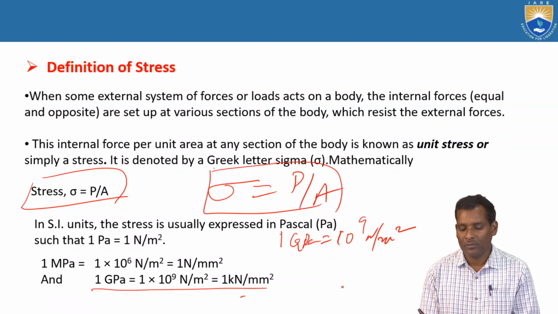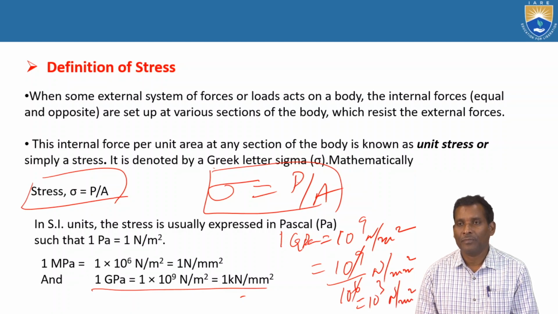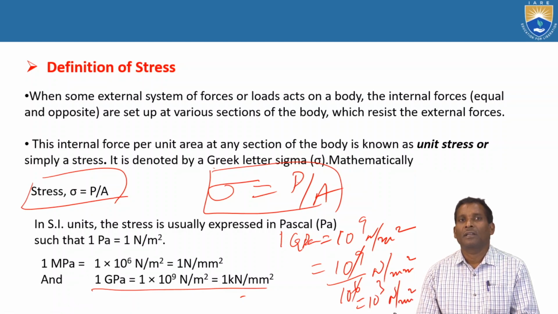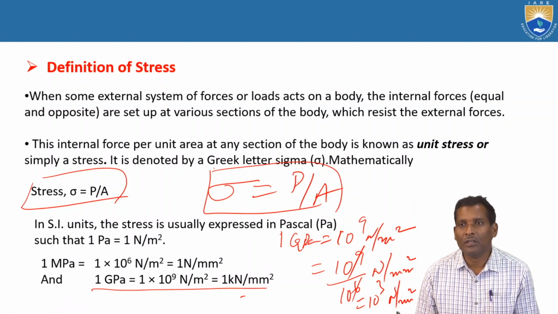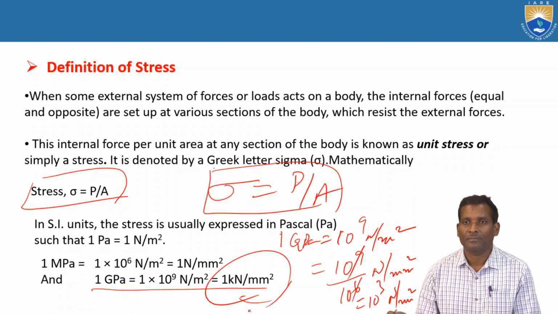Converting into Newton per mm square, 10 to the power of 9 divided by 10 to the power of 6 Newton per mm square. That cancels to 10 cube Newton per mm square, so you can write it in terms of kilonewton per mm square like this.